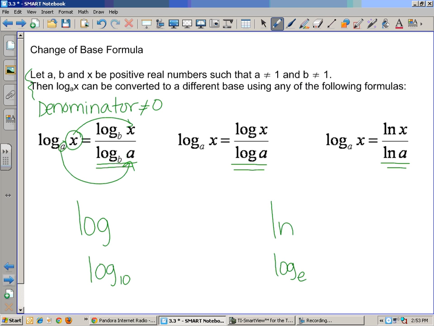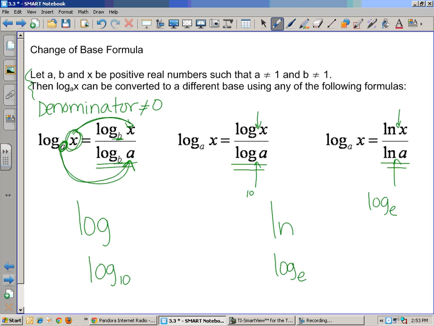And so it turns out that here's your formula. So the big number goes on top. The little number goes on bottom. And this b here can be anything I want. It can be log base 10, which is what this is. There's an imaginary 10 written there. Or it can be this one, which really, remember, natural log is really log base e.